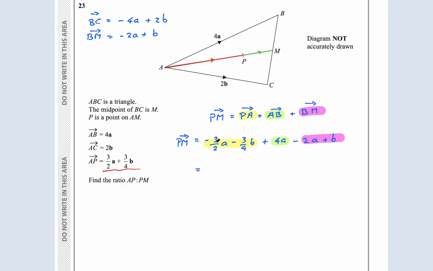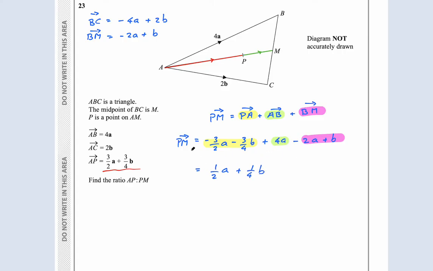Well actually I have a 4a minus 2a is 2a. 2a minus 3 over 2a is a half a. So guys, that's just adding fractions. Use your calculator if you need to do it. Minus 3 over 2 plus 4 minus 2 gives you a half. So it's a half a. And similarly, minus 3/4 b plus b is plus 1/4 b.